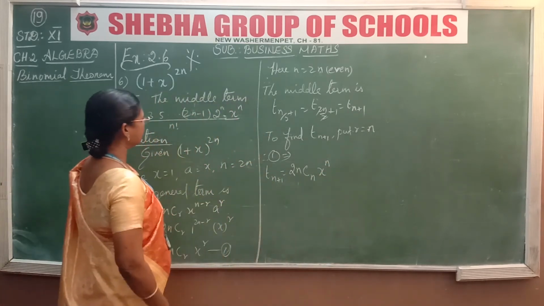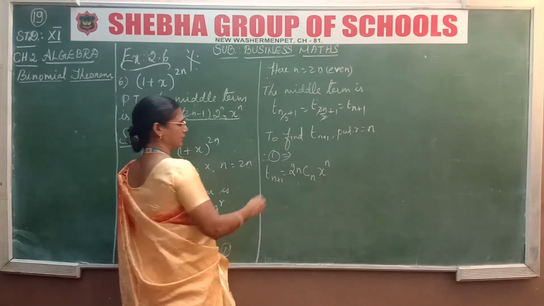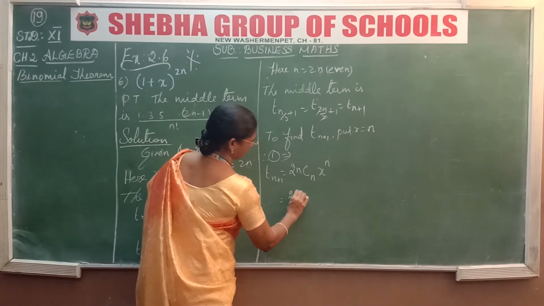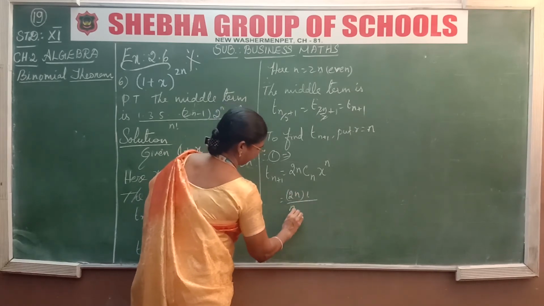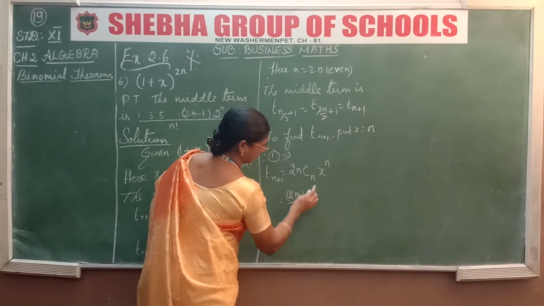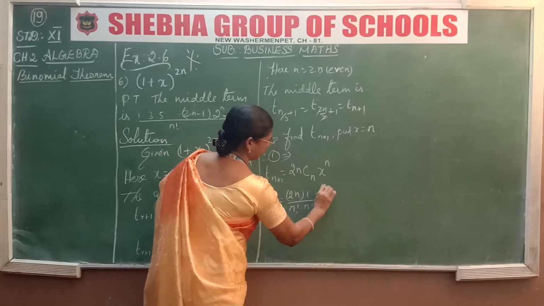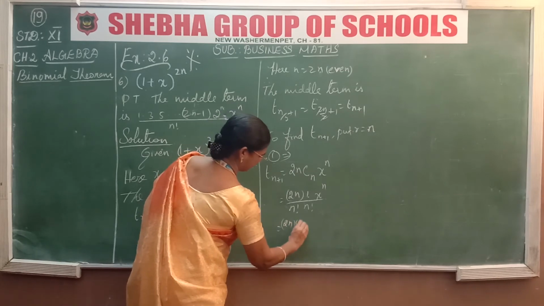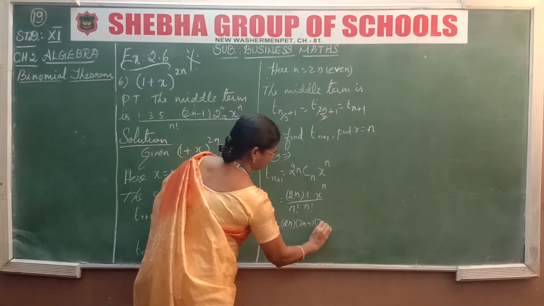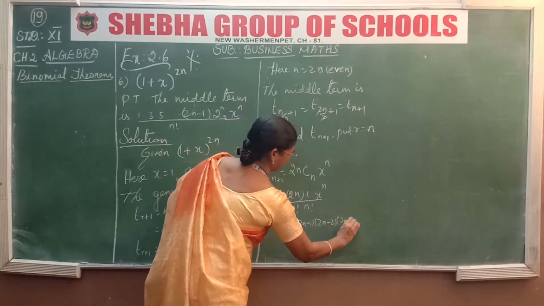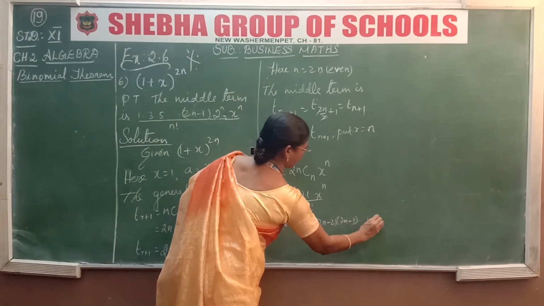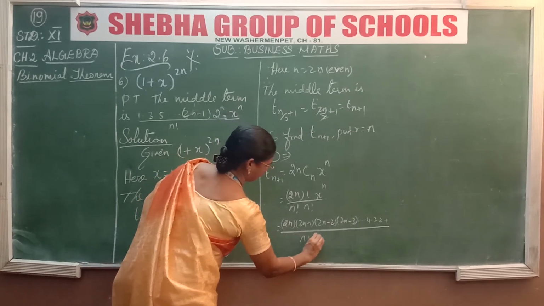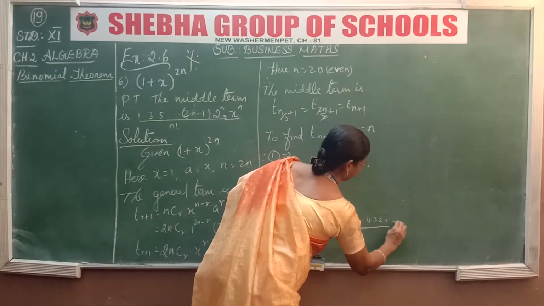Expanding this, we get this one, the same thing what we have done in the 6th sum. Listen, 2n factorial by n factorial into (2n minus n), that is n factorial, into x power n. Now expanding this, 2n, 2n minus 1, 2n minus 2, 2n minus 3, etc. up to 4 into 3 into 2 into 1 by n factorial into n factorial into x power n.